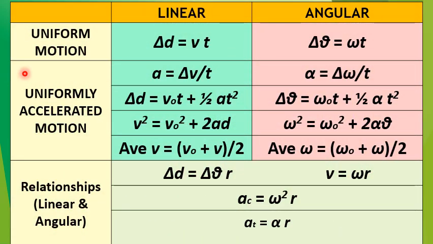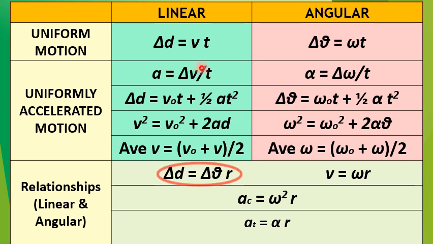Before we answer question number 1, let's first take a look at the summary of kinematics equations, which was first shown in the past episode on linear and rotational kinematics.